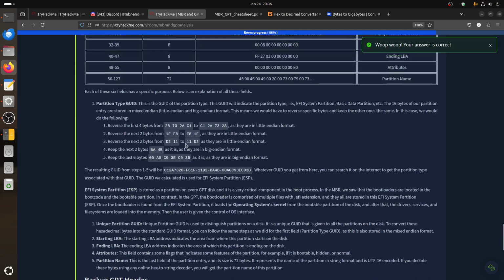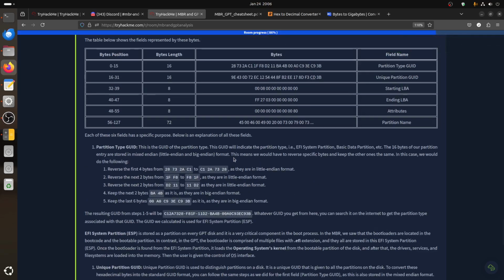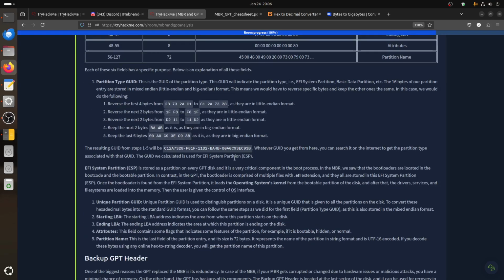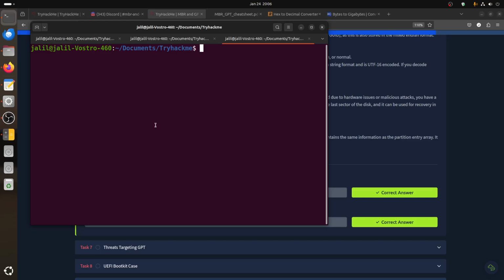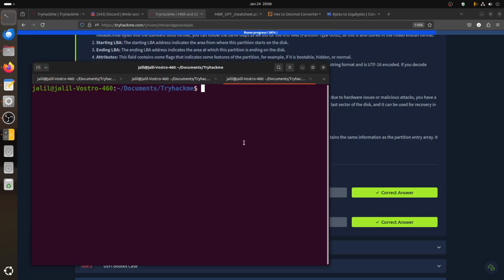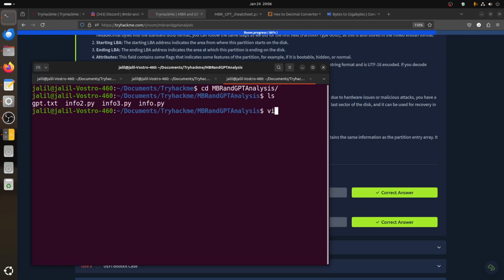Or you can practice and play around with this, reversing the first bytes or something like that. I had a script that did it for me in the morning. What's the name of this script? vim info.py, no, not py, vim gpt.txt.